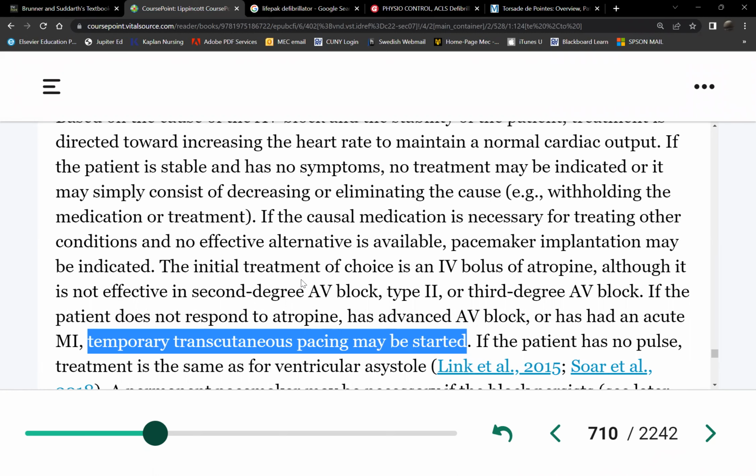Usually that's a bridge. Let's say the patient has an existing infection. So let's say Livingston has an infection. She's septic right now. And let's say she has endocarditis, but she has a 2nd degree type 2 or a 3rd degree heart block. Can I put a permanent pacemaker now? No, she has an active infection.